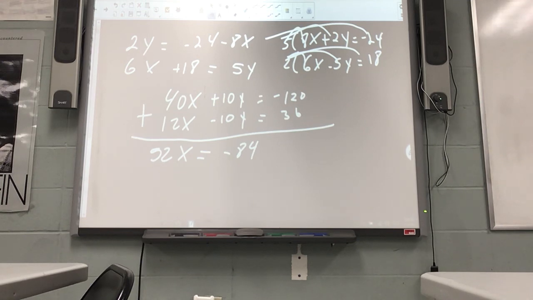I think I know what it is. When I moved that 18 over, it should have been a negative, so this will be a negative 36. So negative 120 plus negative 36 makes that negative 156, not negative 84.